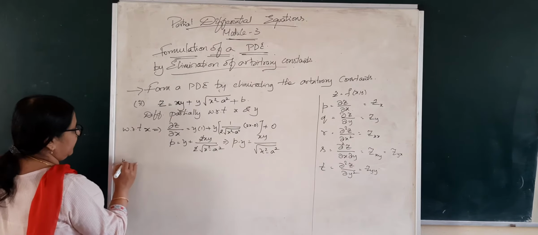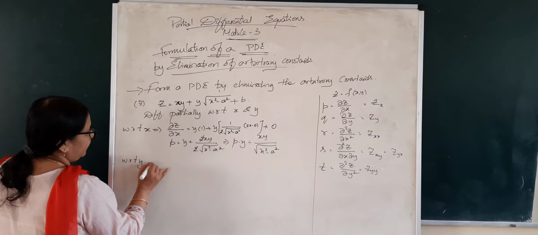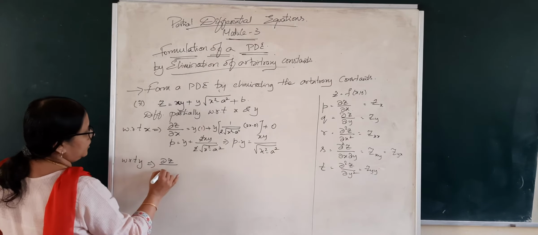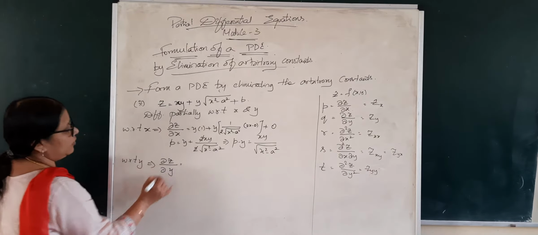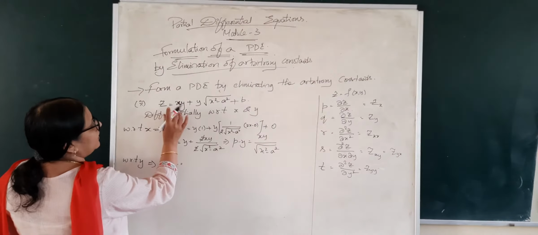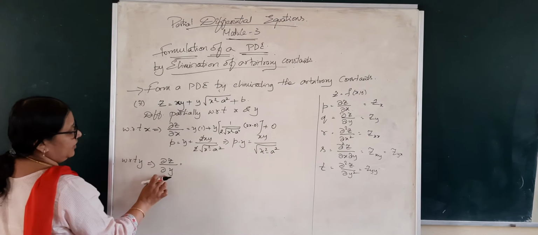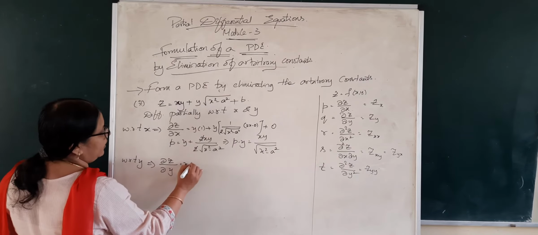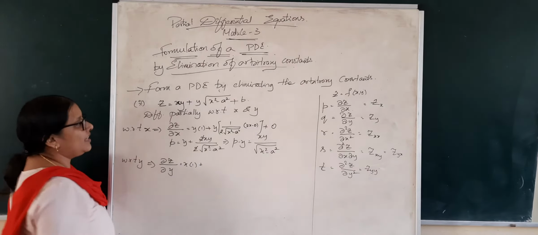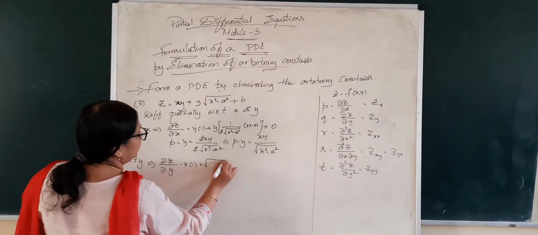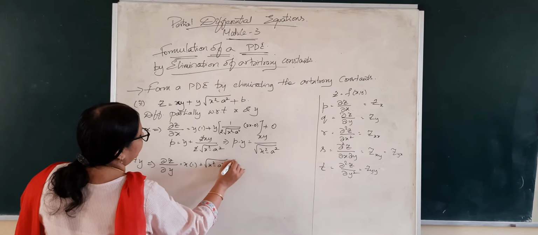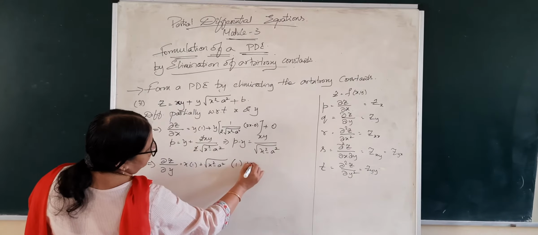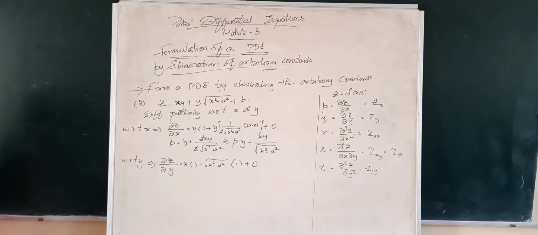Now let us differentiate this equation partially with respect to y. So dou z by dou y is equal to, once again there is a product of two functions, we are differentiating with respect to y, we treat x as constant, x will be as it is, derivative of y with respect to y is 1, plus the entire x term is considered as a constant, derivative of y with respect to y is 1, plus the derivative of constant b is 0.